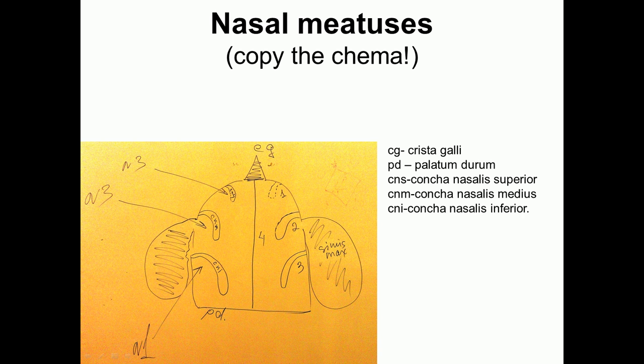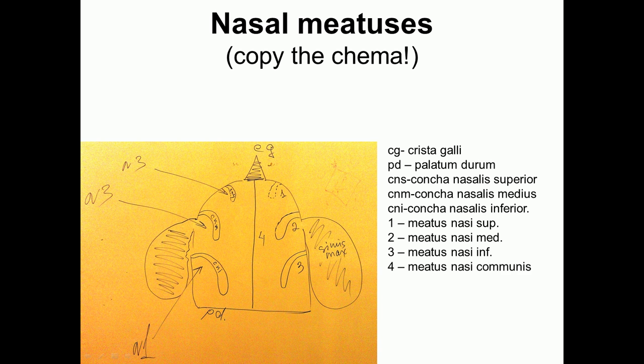CNI, here it is, concha nasalis inferior, and we use numbers 1, 2, 3, 4 to demonstrate meatus nasi superior number 1, meatus nasi medius number 2, and you can see that through meatus nasi medius it's possible to enter sinus maxillaris, and number 3 meatus nasi inferior, and number 4 meatus nasi communis.